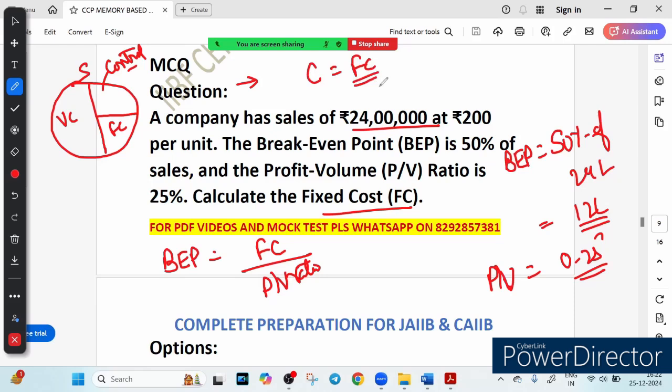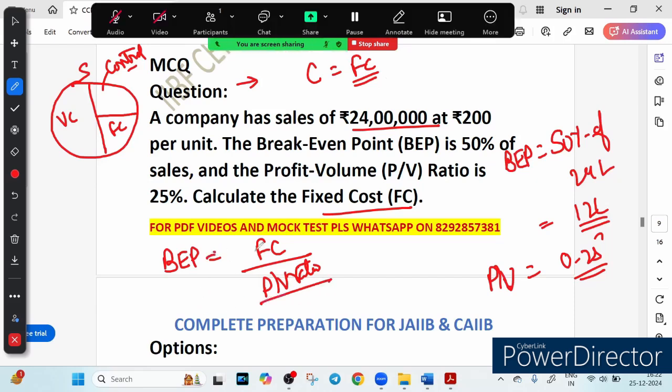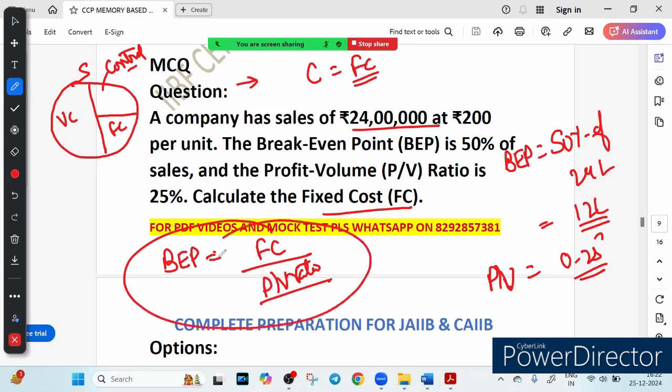So our entire contribution will be borne by the fixed cost. If we multiply this BEP with the P/V ratio, this will give you contribution. That's how this formula came.